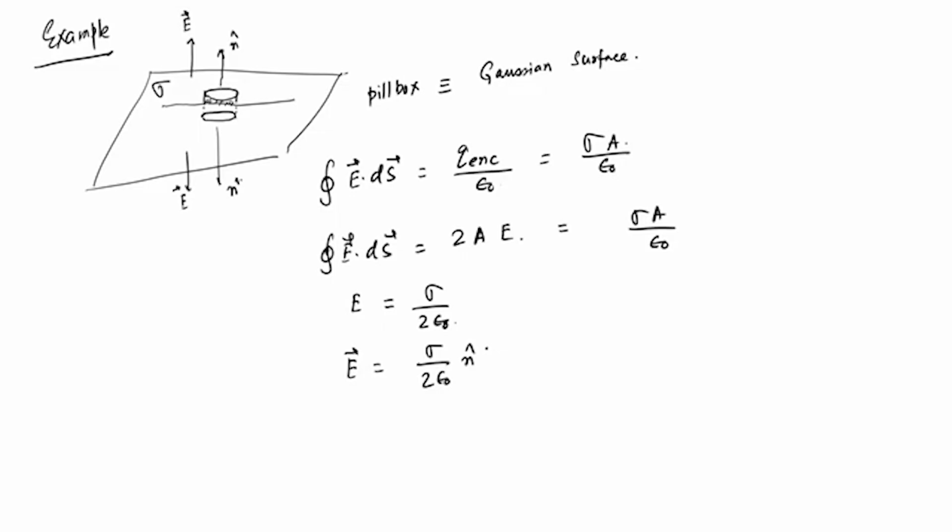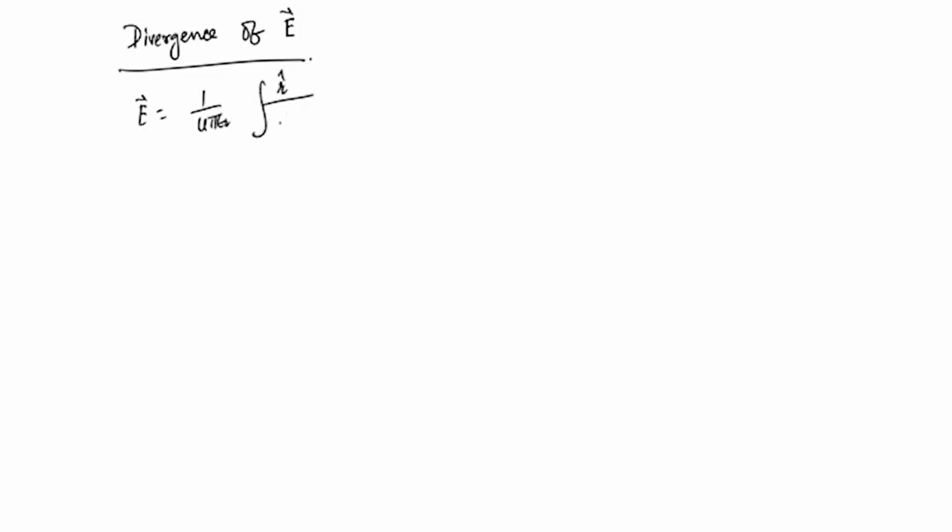Okay. So, let me take another note of this divergence of E. E is equal to 1 by 4 pi epsilon 0, and we have this r cap by r square rho of r prime dv prime.